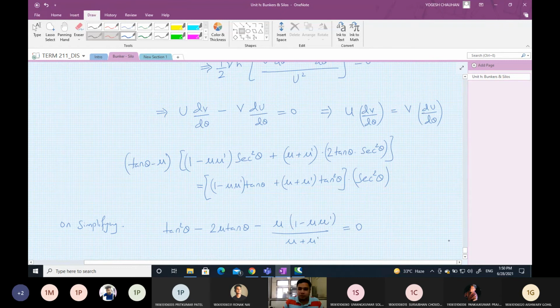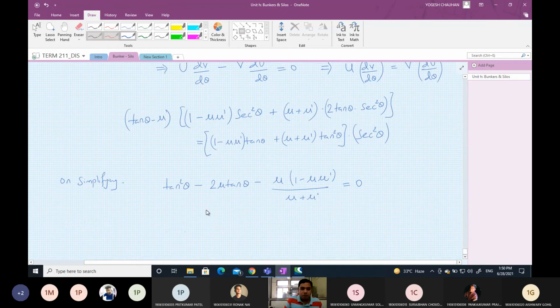And this is a quadratic equation in terms of tan θ. So you can get the value of tan θ solving the quadratic equation.